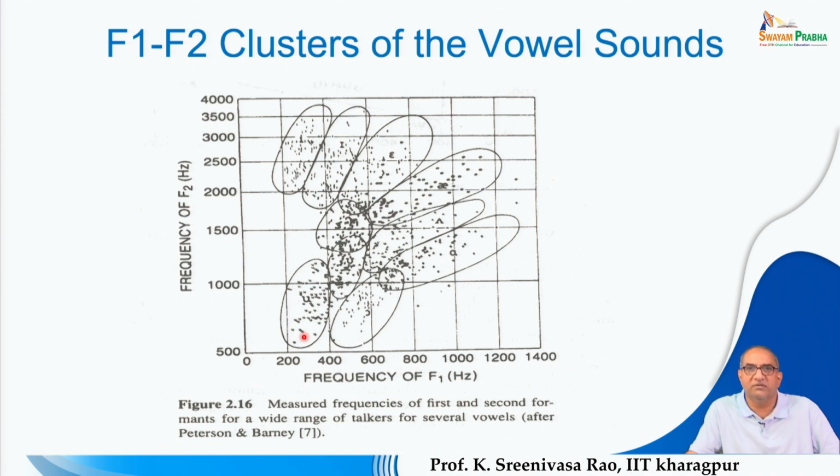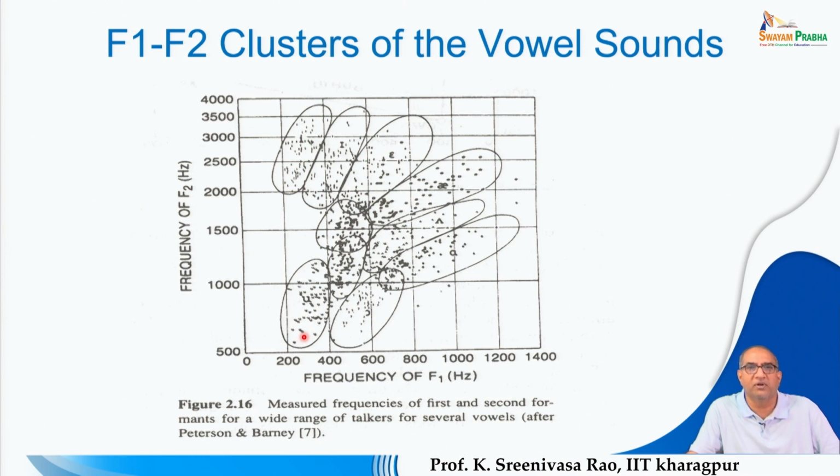As we mentioned, you take a vowel segment from the spectrogram and compute the spectrum for each frame. Based on the length of the vowel segment, you have different numbers of frames.